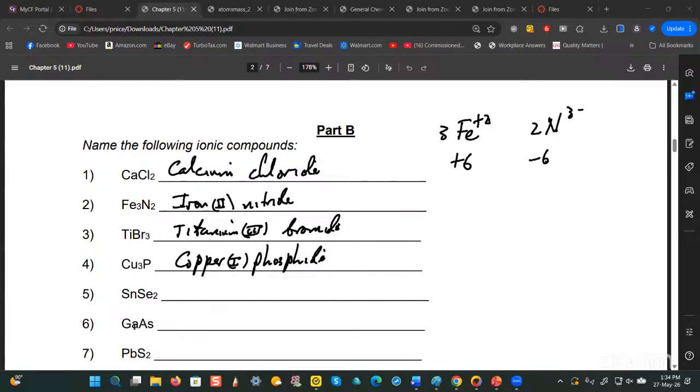Because you just have one. Yeah, because the ion itself wants to.